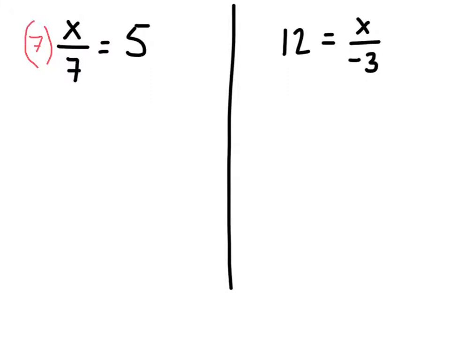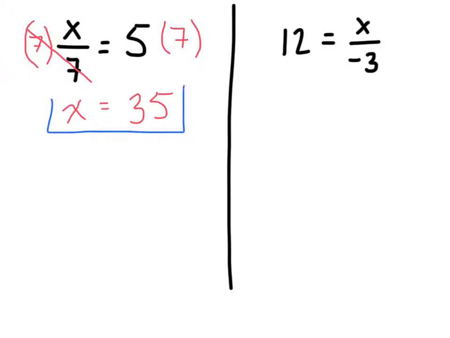If we multiply by 7 on the left side of the equation, we multiply by 7 on the right side of the equation. So these 7's cancel out, and all that you have left on the left side is x. So on the right side of the equation, we have 5 times 7. That's all that we have left. And 5 times 7 is 35. So the answer to our equation is x is equal to 35.